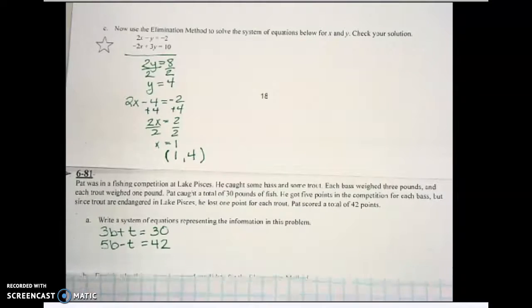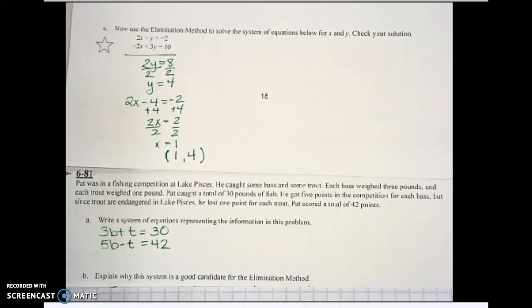All right, part B. Explain why this system is a good candidate for the elimination method. Why would this be good for elimination? Dennis. There's 2 different variables in this equation. Yeah, both of them have a B and a T. Anybody else see another reason? Lee. Yeah, on the T's, one of them's positive and one of them's negative.